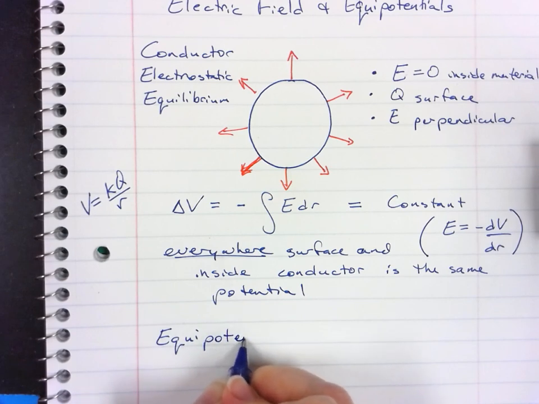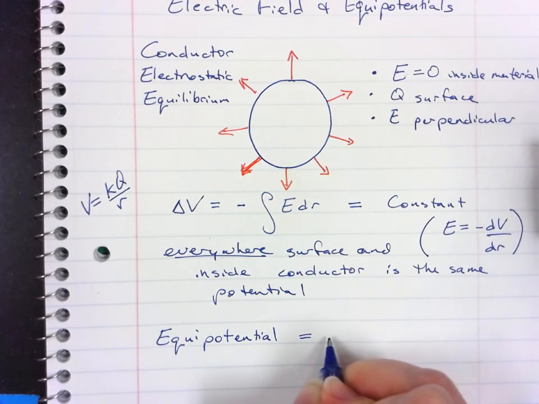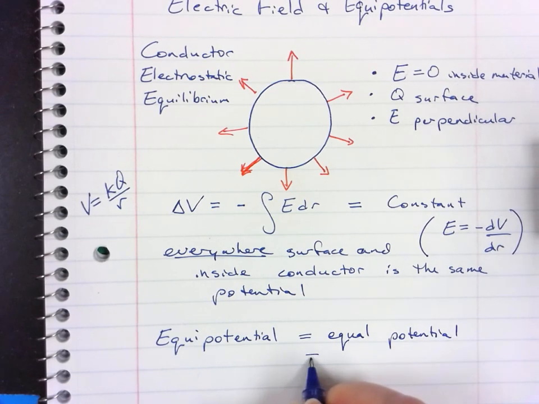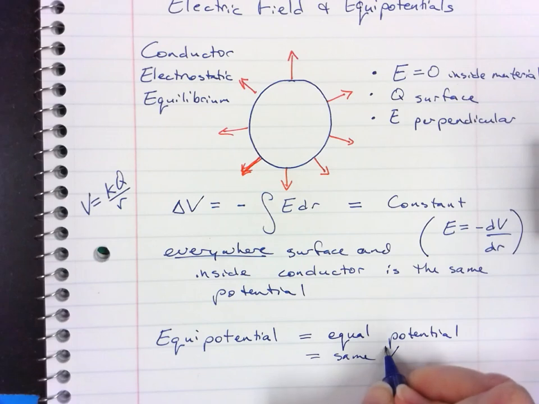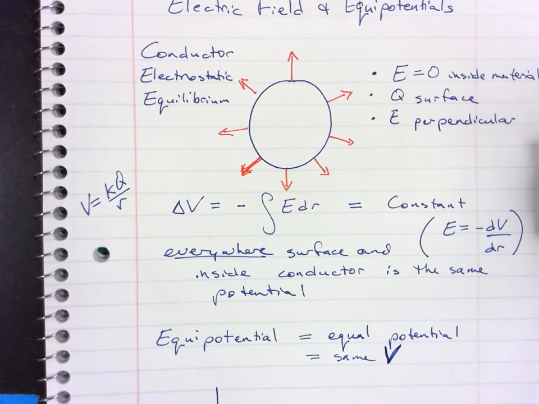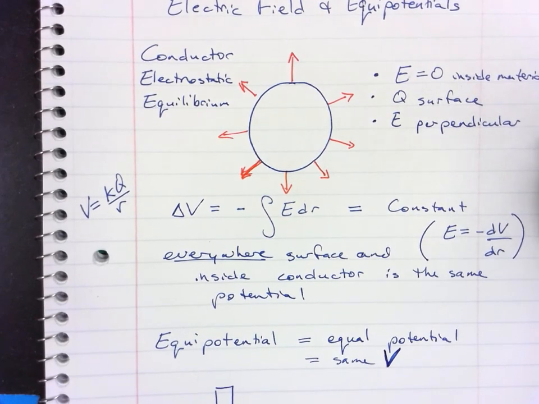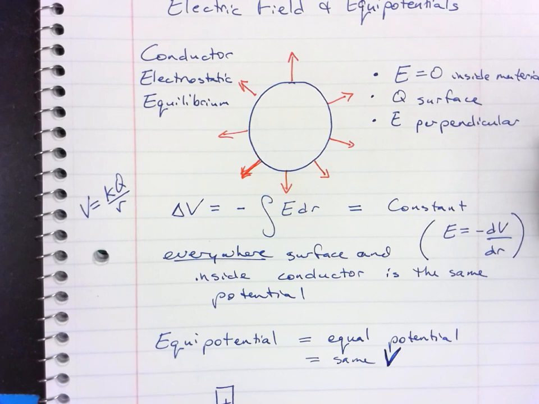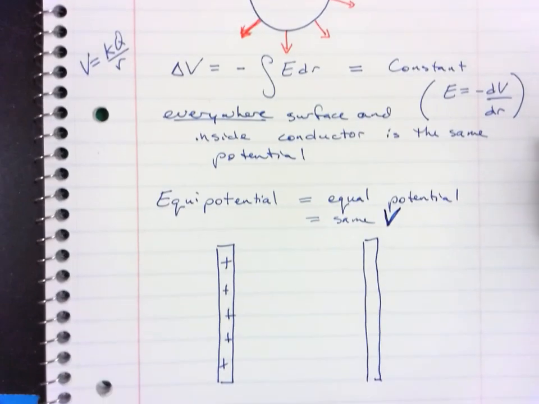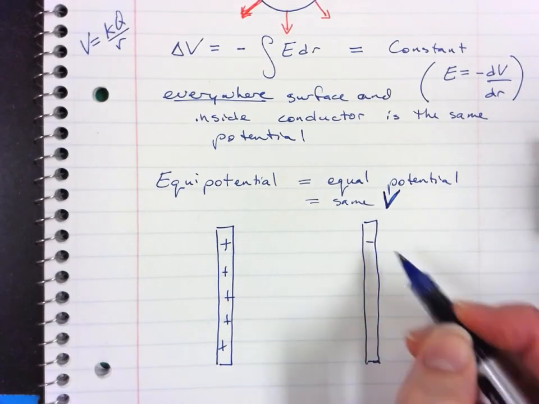Equipotential means equal potential, or same V, because potential is V. So an equipotential surface is the same potential everywhere. So first example of this, I'm going to have 2 parallel plates of charge, and this one's positive, and this one's negative, and they're not on the screen, so let me slide it up before I continue the picture.